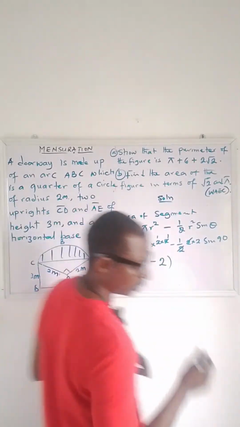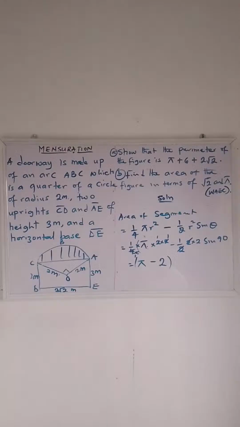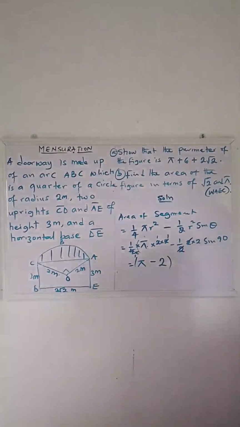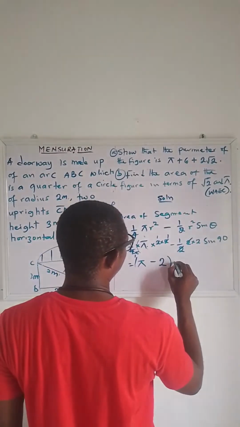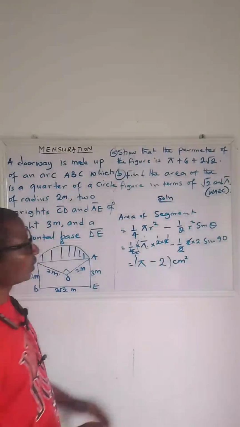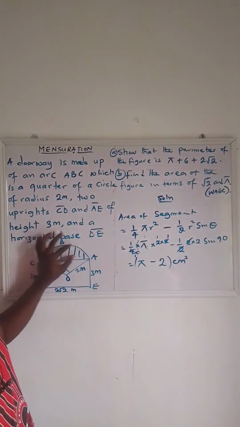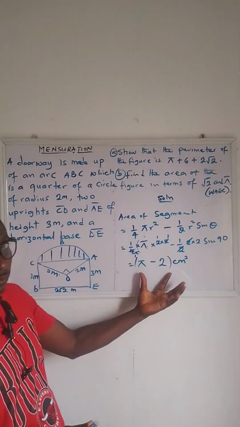Now this is in centimeter squared. That is the area of the segment, this segment here. So that's going to be pi minus 2.